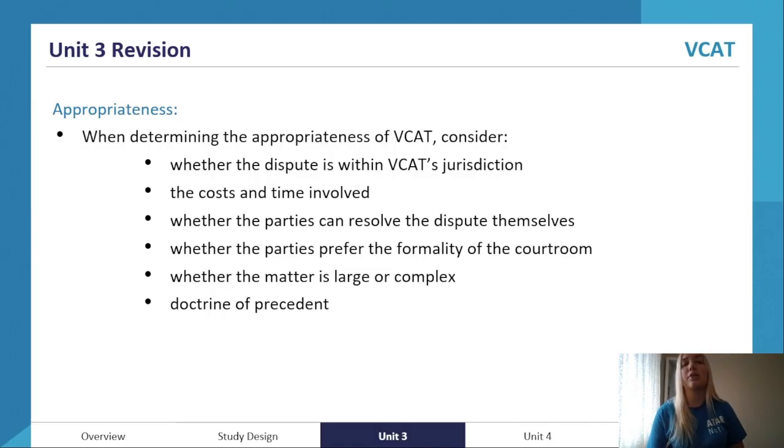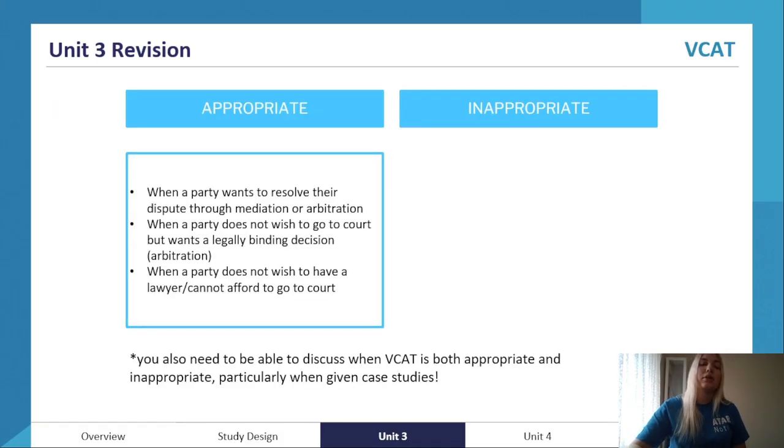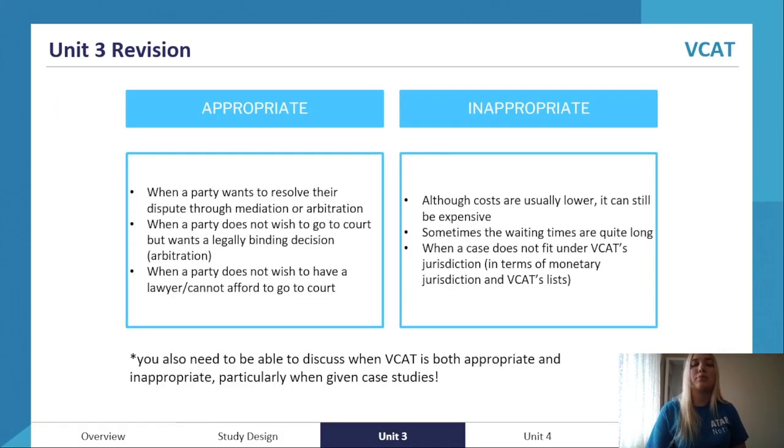So, law being incorrectly applied or the wrong law being used. And also the doctrine of precedent: some binding legal principles from common law that VCAT will have to abide by or not. Okay, so bringing it into more perspective, looking at specific points.